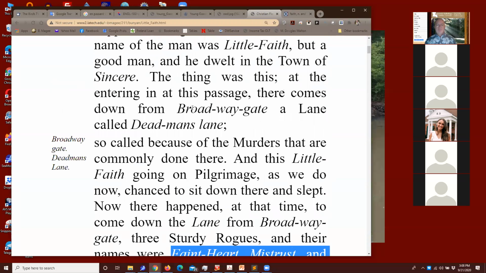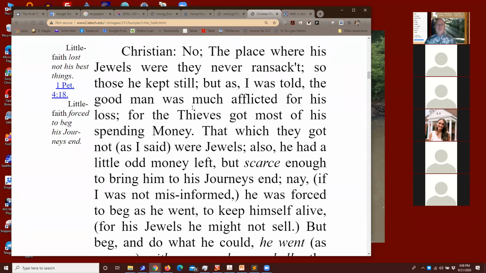And so they go into the details. They got his spending money. They did not get his jewels, which he had hidden better, protect the jewels. And they did not find his ticket.